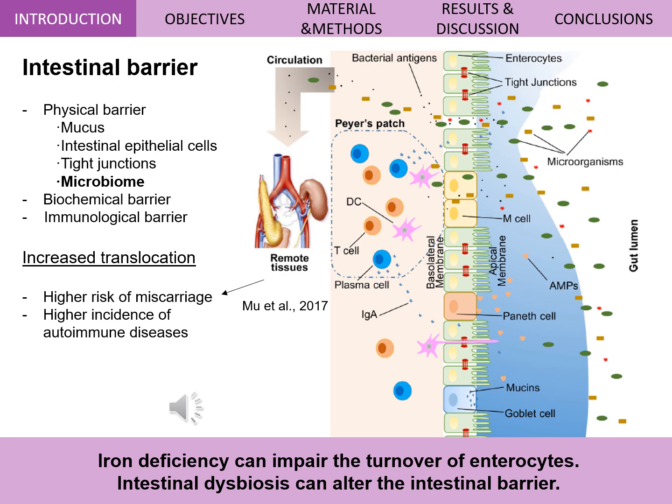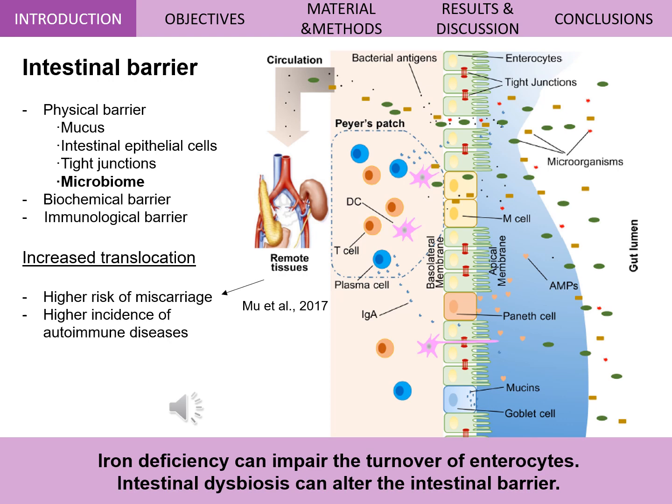When the function of the intestinal barrier is compromised as a whole, there's an increased leakage of antigens from the lumen into the bloodstream, and this can cause systemic inflammation. This inflammation has been associated with a higher risk of miscarriage in pregnant women that are susceptible to suffer IDA, and also with a higher incidence of autoimmune diseases in children, who are also an at-risk population for IDA.